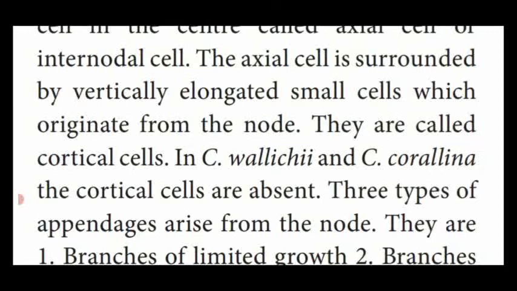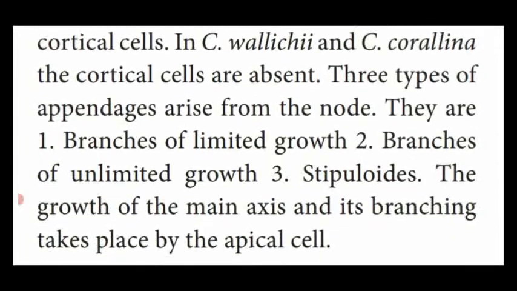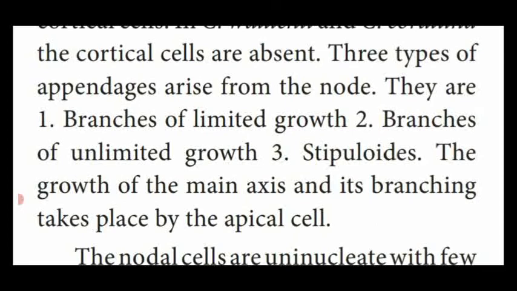Then the main axis of Chara is divided into three appendages arising from the nodal region. First, branches of limited growth; second, branches of unlimited growth; and third, the stipuloid. The growth of the main axis and branching take place by the apical cell.